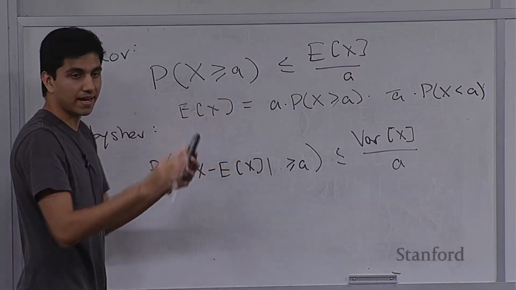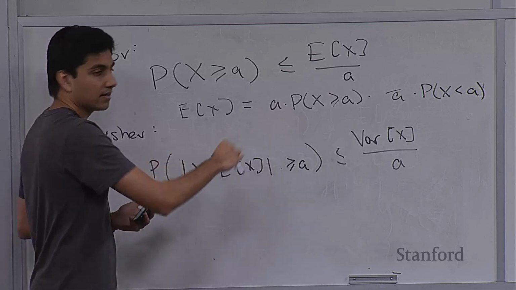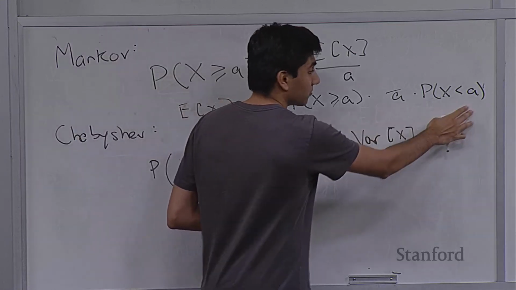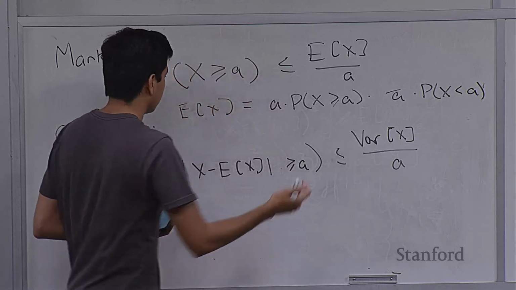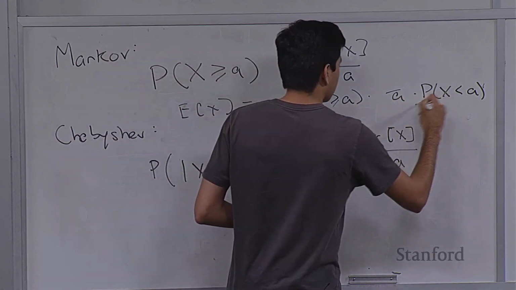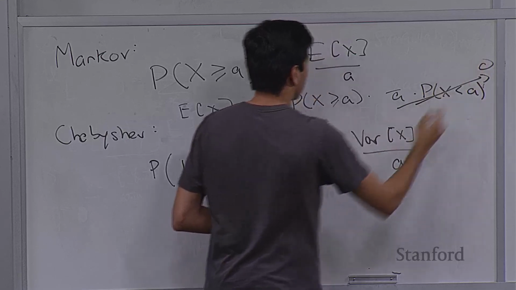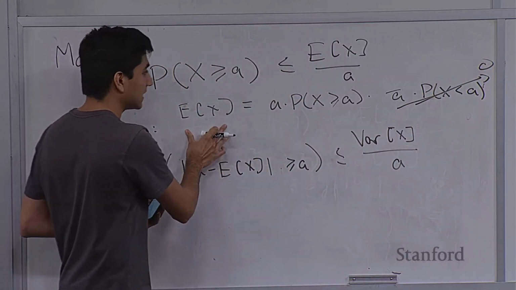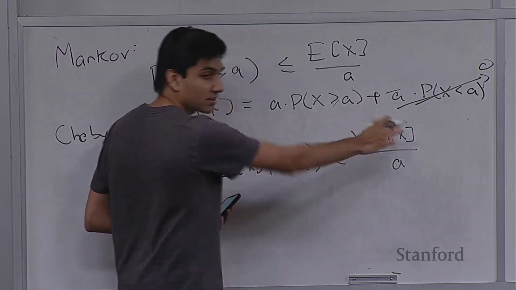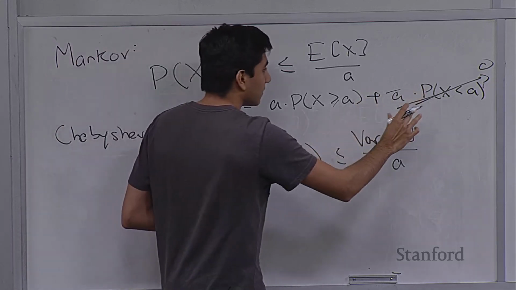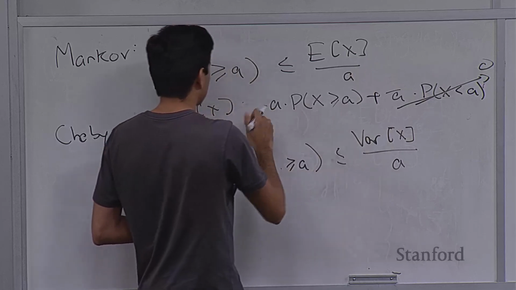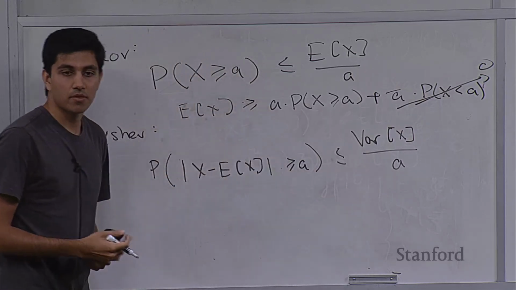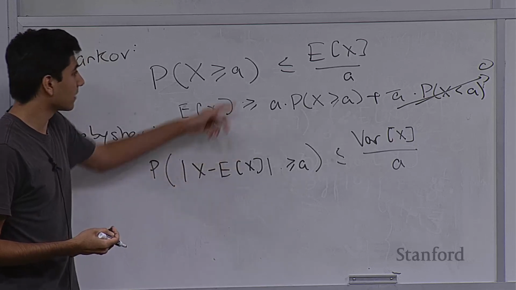You can split x into two events, A and not A. If A is true, times the probability of A being true, plus A not true, times the probability of A being not true. And then all you have to do is, let's just say this is 0, and then you get the inequality. Basically, you can define the expectation as a sum of these two things. And if you let this be 0, this is greater than or equal to the resulting expression. And then you can divide through by A, and you'll get Markov.